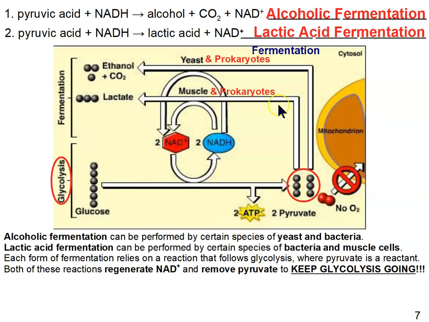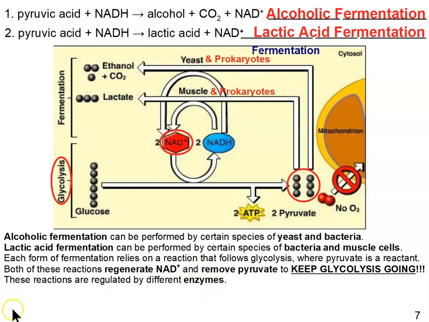So not only do these reactions turn pyruvate into either alcohol or lactic acid, but they also take electrons from NADH and turn it back into NAD+ to keep glycolysis going. So NAD+ is really important to fermenters. And of course, these reactions are regulated by different enzymes.